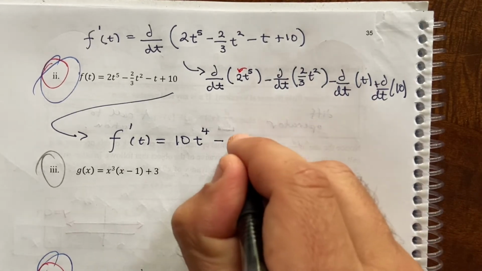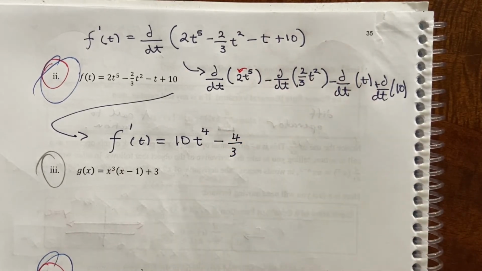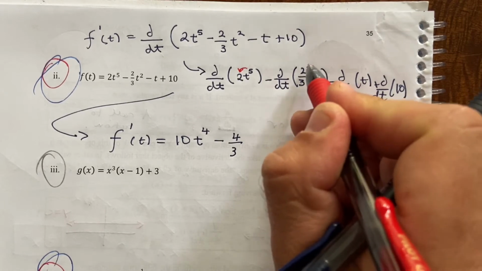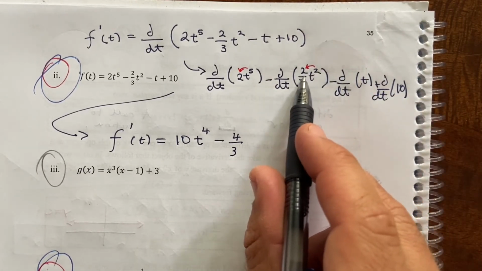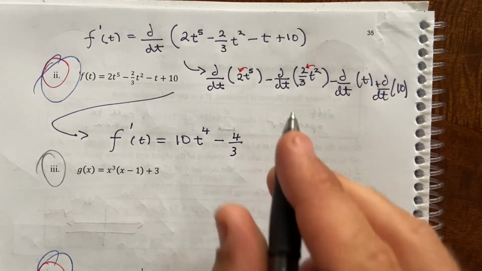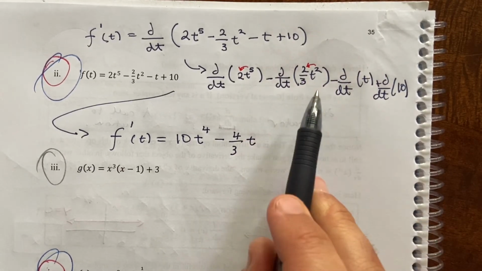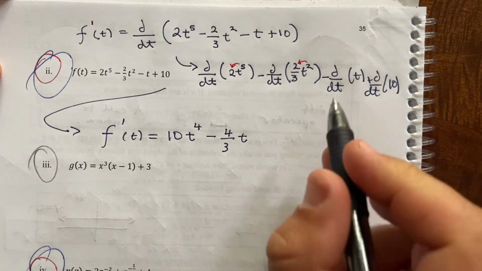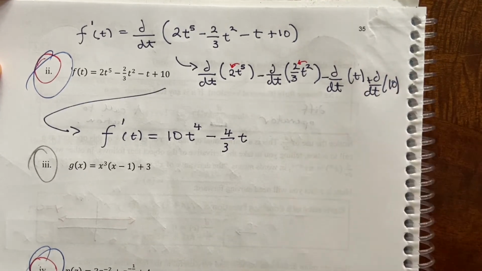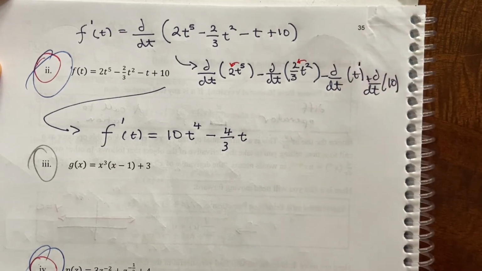So that'll be 4/3. Again, I'm taking this power rule. The 2 here is multiplying by the 2/3. I get 4/3. And then reduce the power on the t by 1. I just have a t now. There's technically a 1 up here.